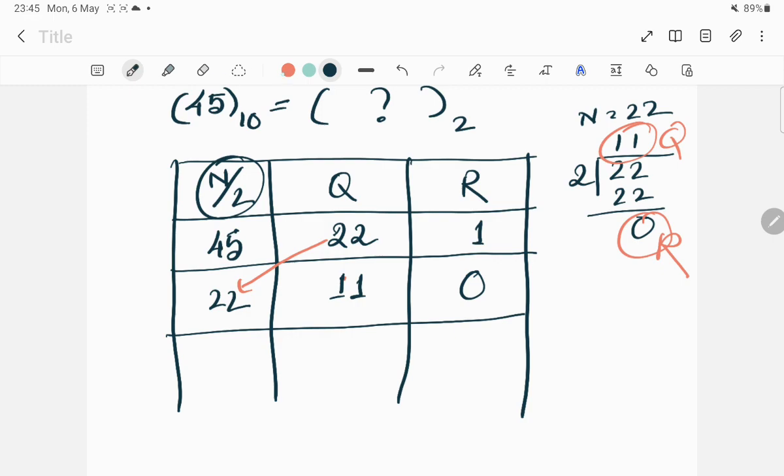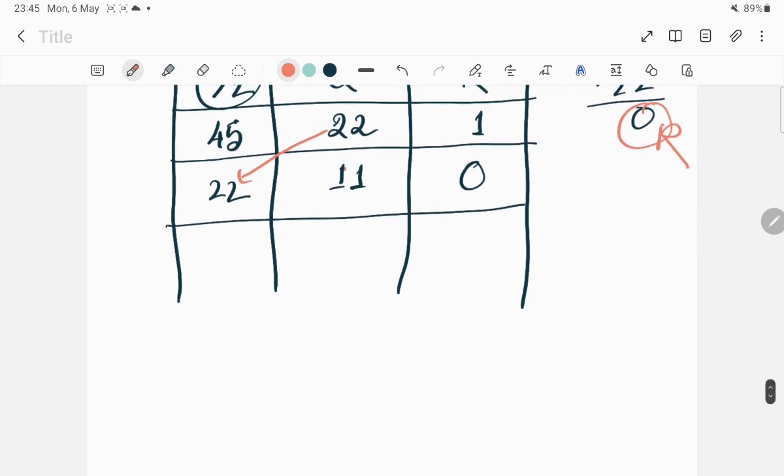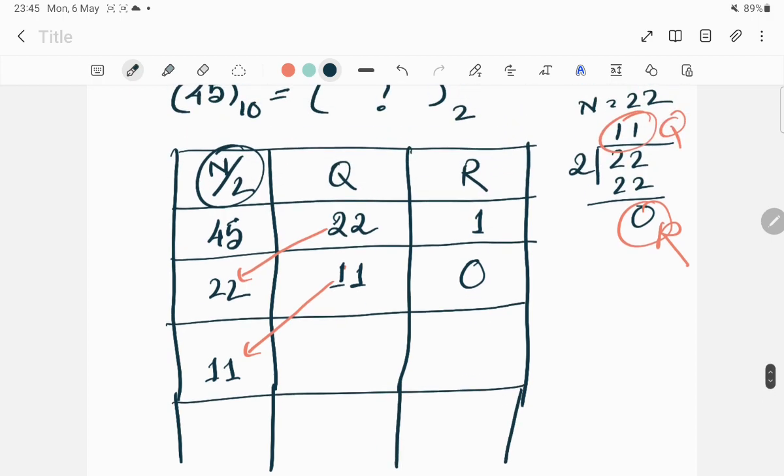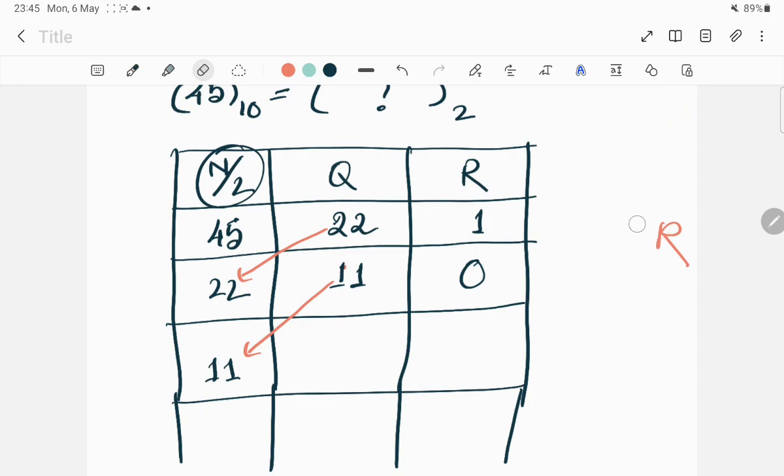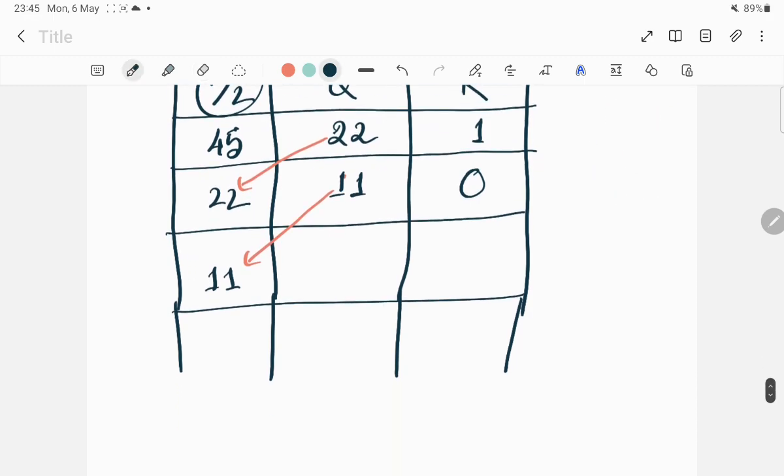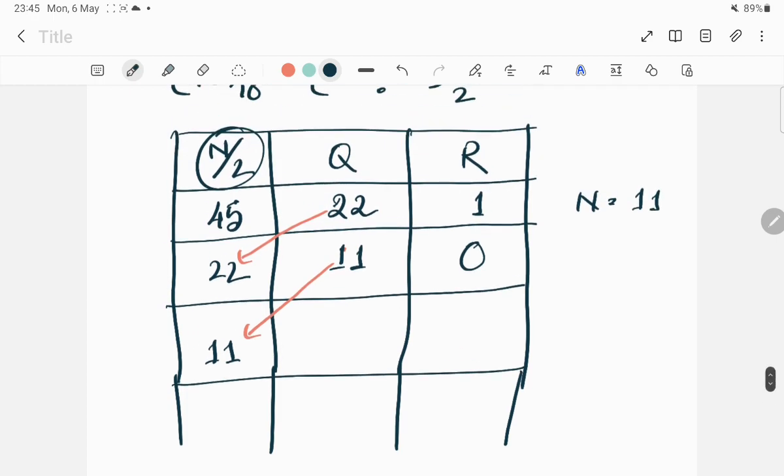Next step. What is the next step? This will come here. Now we have 11 here. Okay. Now our n is equal to 11. Again we divide it by 2.